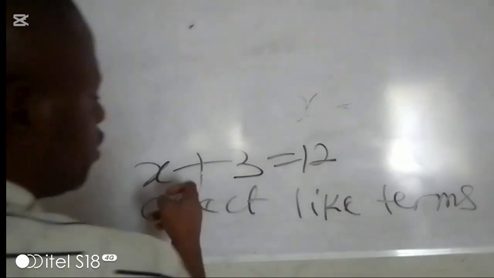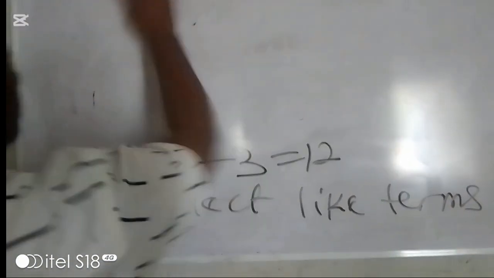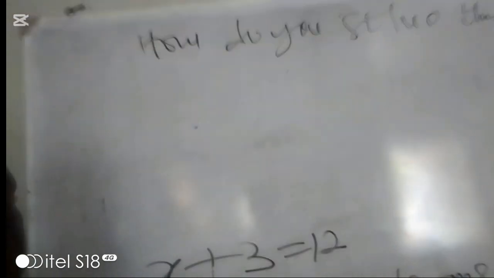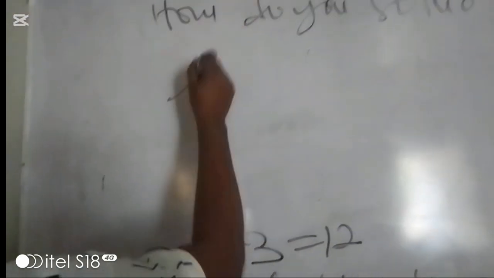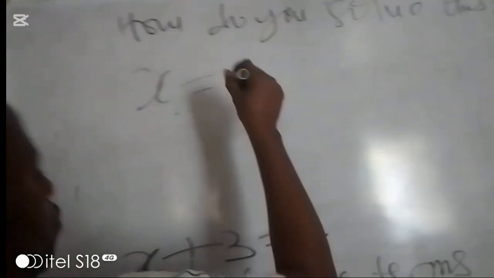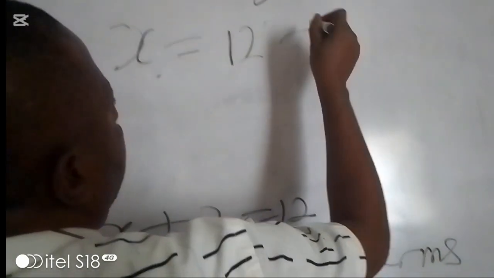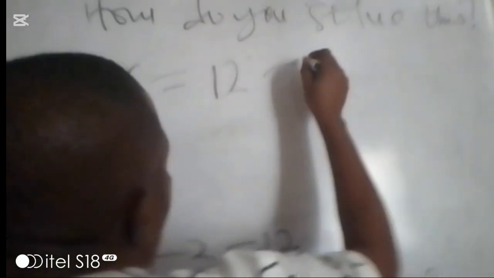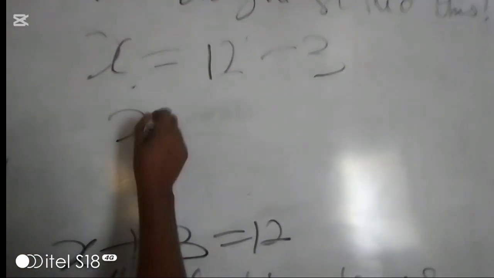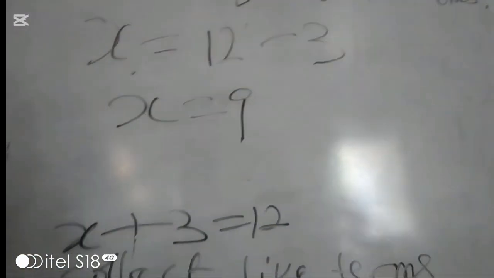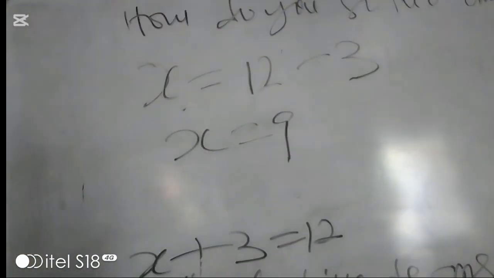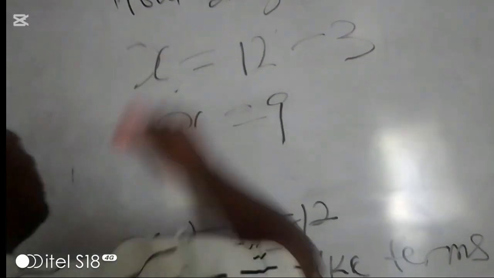It becomes minus because it is plus here. So your x becomes x equal to 12 minus 3, because when it crosses this equality sign, it becomes minus. So x equal to what? 9. Is that clear? We look at another example.